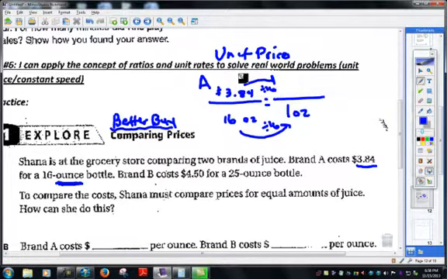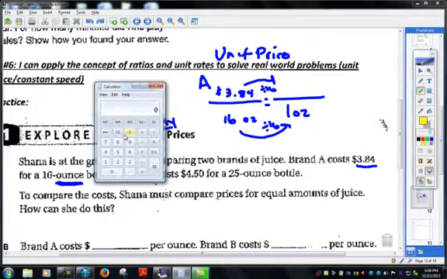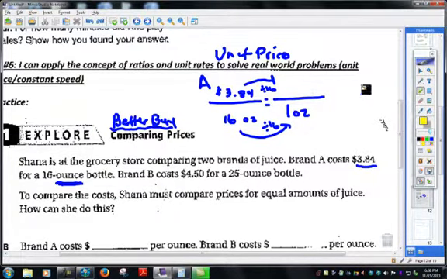And you could always just cross multiply and divide, but you're going to do the same thing. You do 1 times 3.84, then divide by 16. Isn't that what you're doing in the top of the fraction anyway? So sure, you can still cross multiply and divide if that's the way you like to remember it. That's fine. But just understand that it doesn't really matter. It's going to tell me that it's 24 cents.